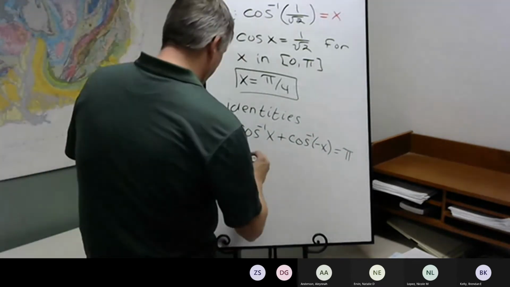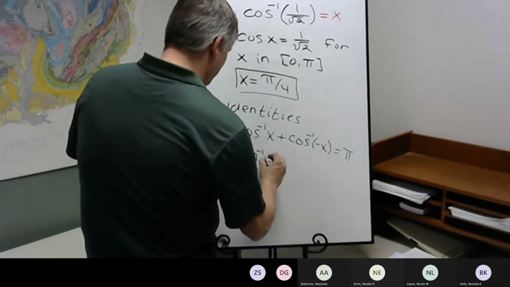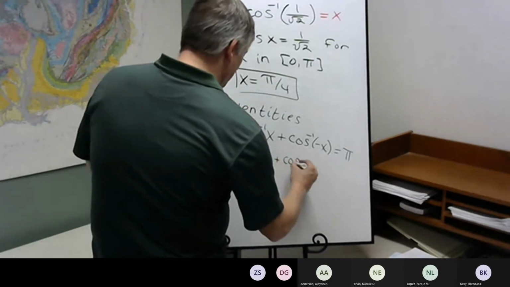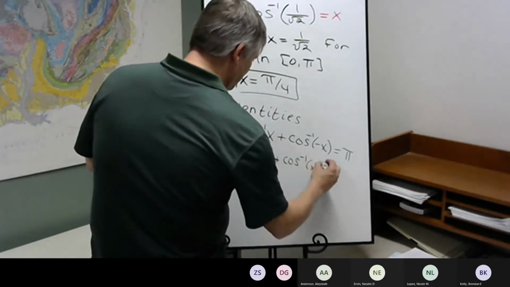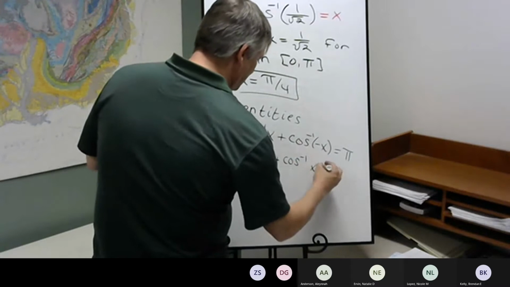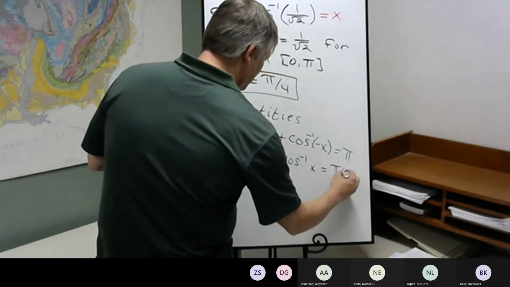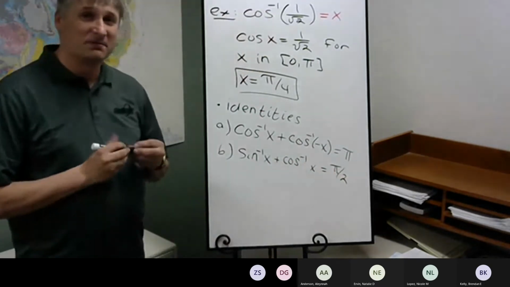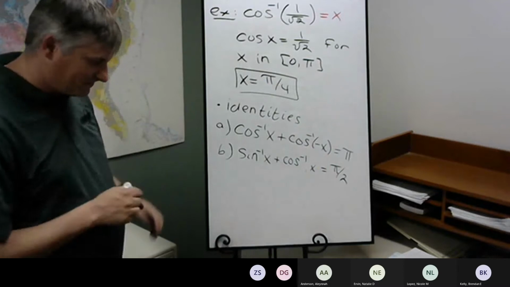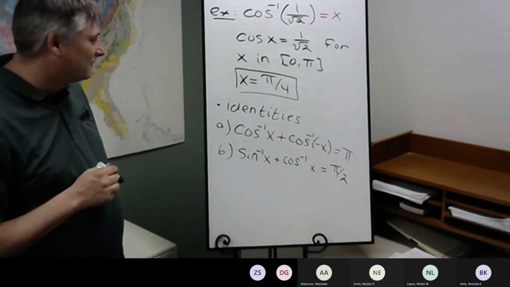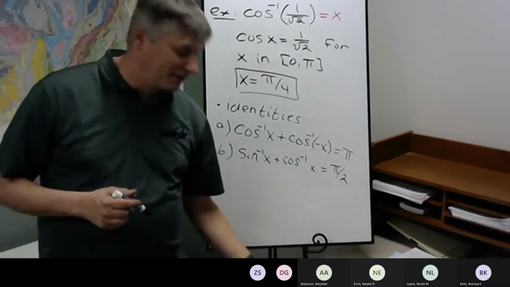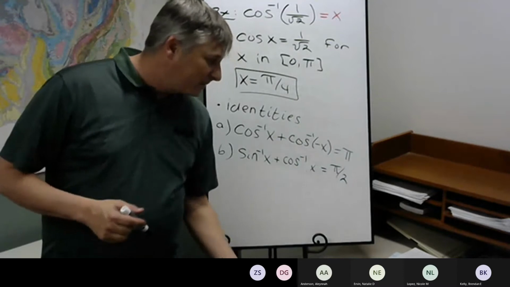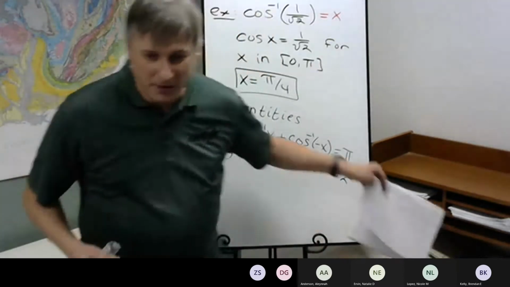And then sine inverse of x plus cosine inverse of x equals pi over 2. And that's going to be it. So that's going to move us on to section 2.1.